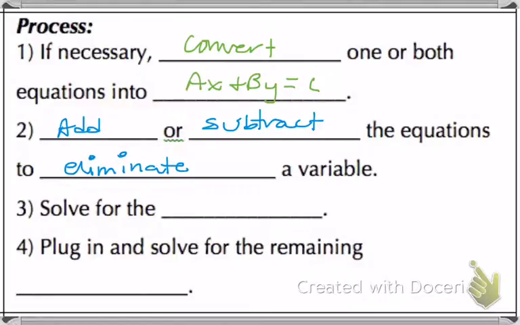I usually prefer to add them because it's easy to see a plus and minus that will cancel, but you can subtract if you have two positives with the same coefficient. Solve for the variable that's left over after you've done the addition and cancellation. And then we plug back in to solve for the remaining variable.